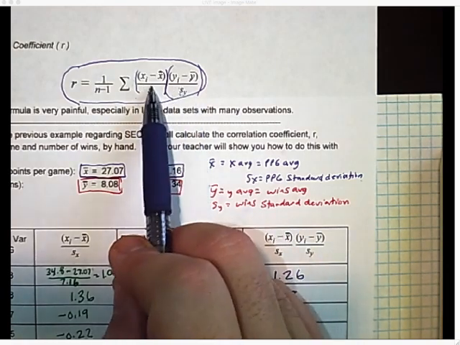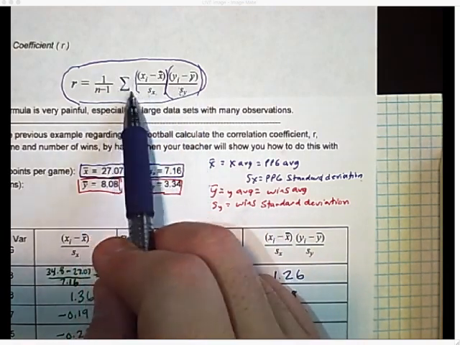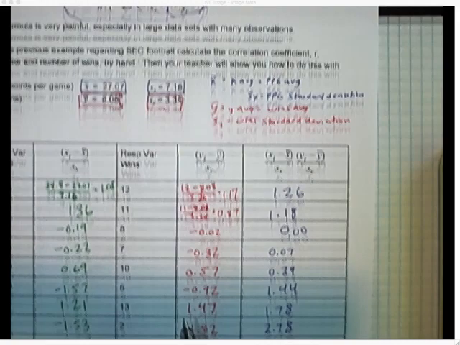We've done that for each data point. Now this symbol is the capital Greek letter sigma. That means add them all up.